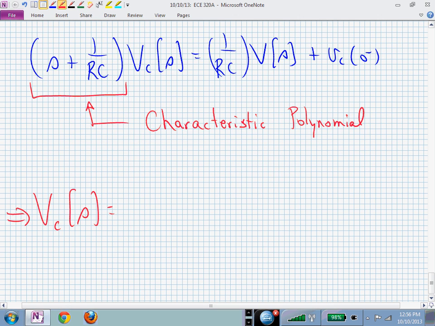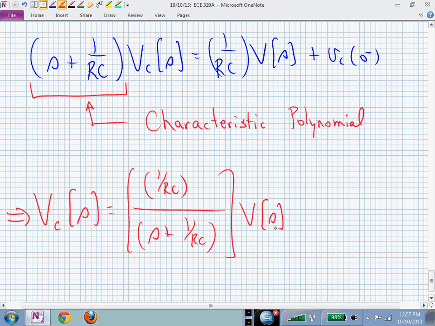V sub c of s now becomes 1 over RC. That's just some number once we are given R and C. Once we go to Josie and request a resistor and a capacitor, that's just going to be a number. Then we have s plus 1 over RC, s plus that same number, and that's scaled by our forcing function, V of s.